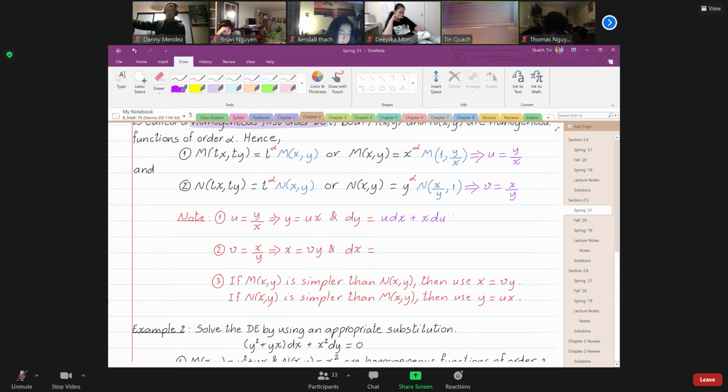And then the second one, v equals x over y. Then we can write that as dx is v dy plus y dv. So far, so good.